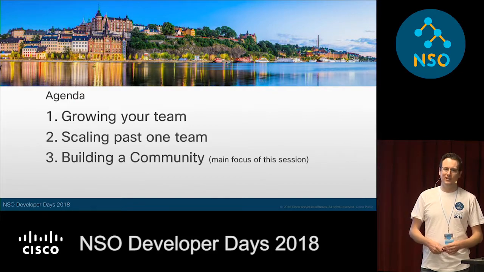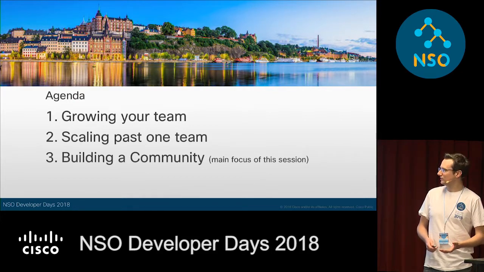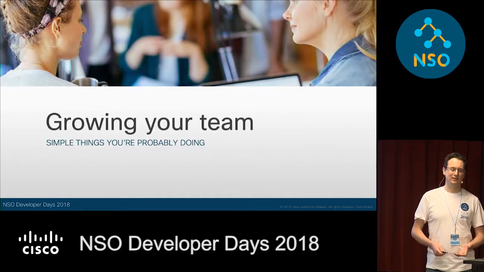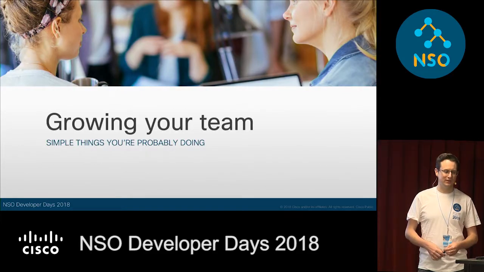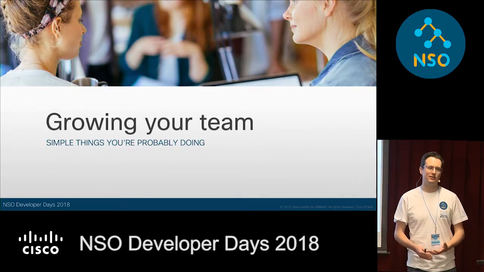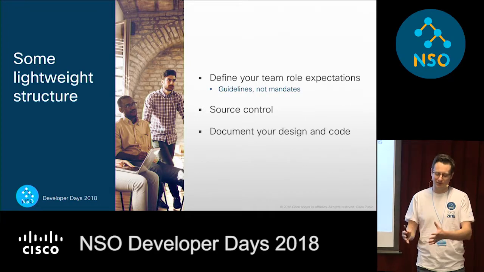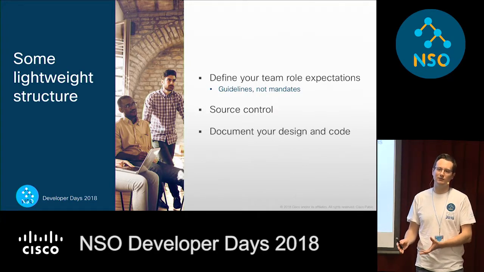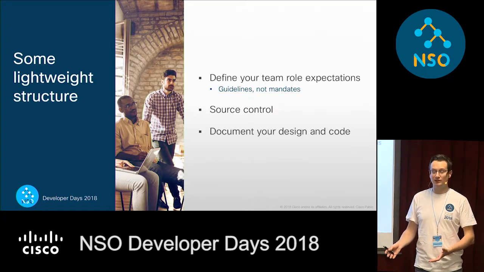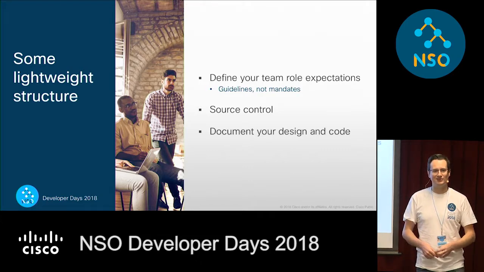So growing a team, right? There's some simple things that we can do that you're probably doing already, but I'm just going to go through them anyway. It's quite good to define your team role expectations. Typically an NSO developer is either going to be someone with some software skills, maybe a network engineer who has the software skills.